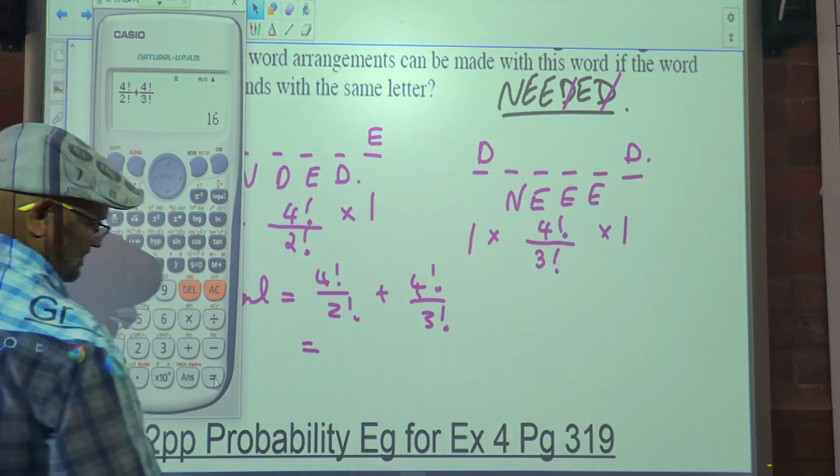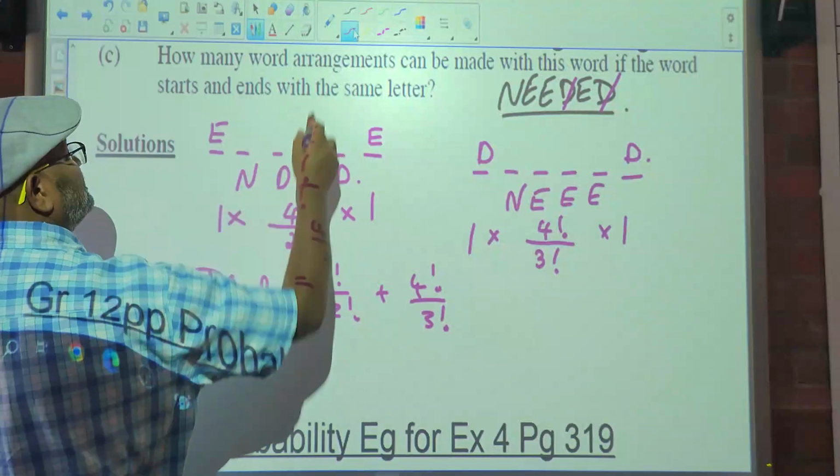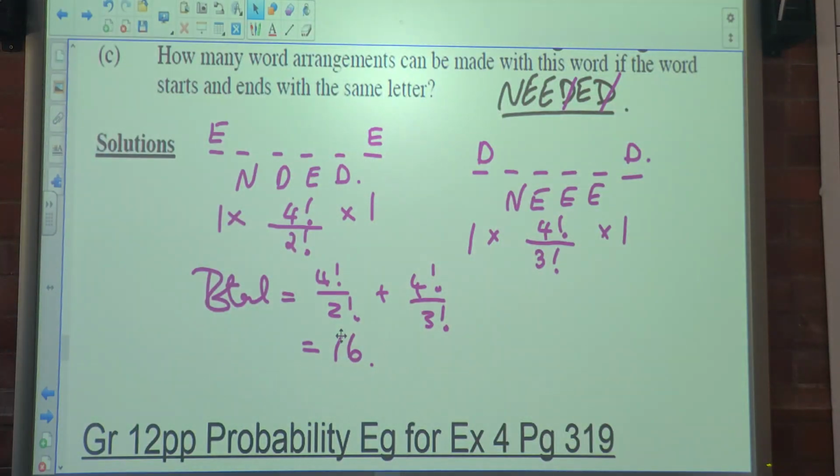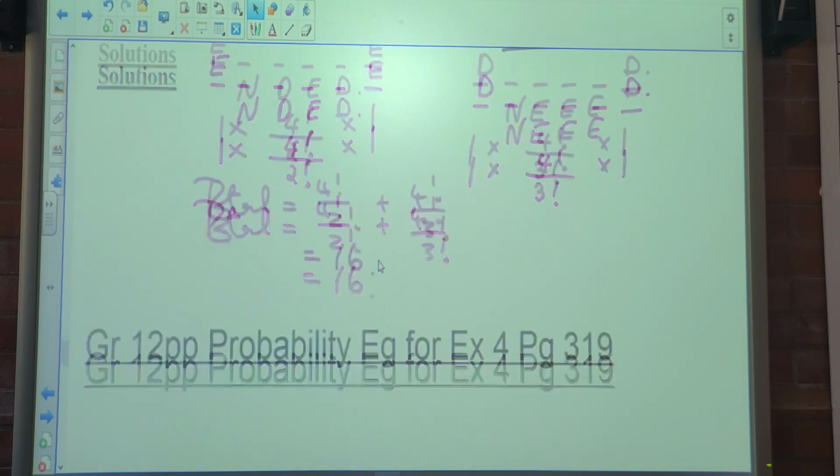Get 16 such cases of combinations. Any issues there? No? Right.